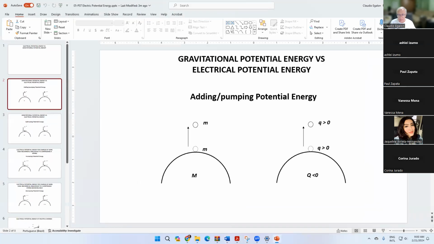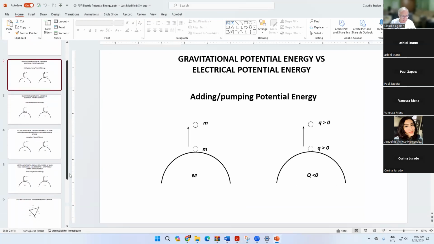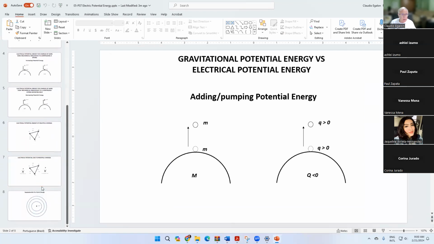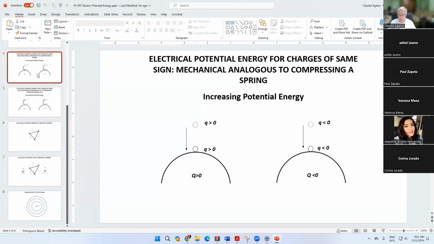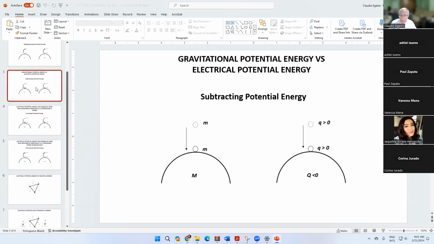So I'm going to give you a very nice example. Let's see if I can get one here in my slides. Okay, consider this one here.